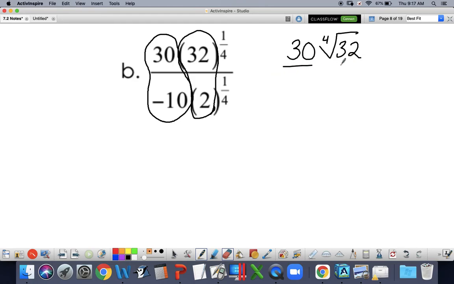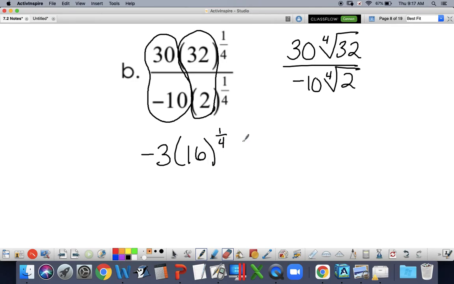It will allow you to solve it the same way if it helps trigger your mind that these are the ones under the radical. So since I'm dividing, I'm going to divide my outsides together and divide my insides together. And I keep the root exactly as it is. Now 16 to the 1/4 power is 2, so I get -6.